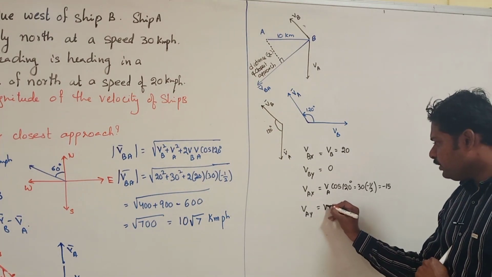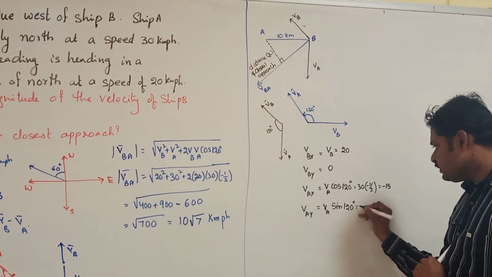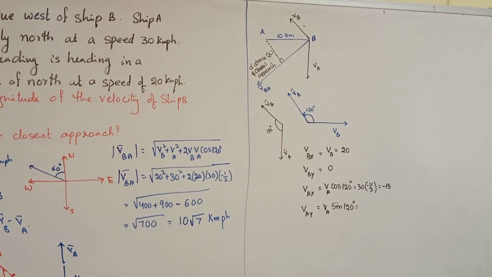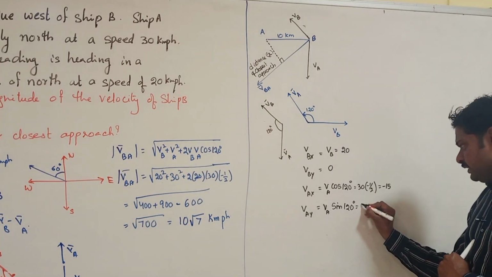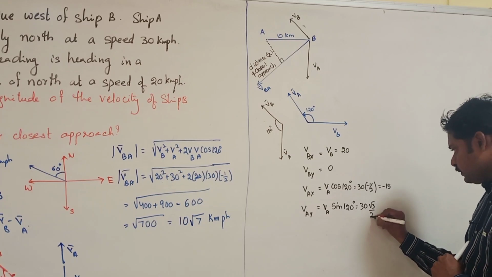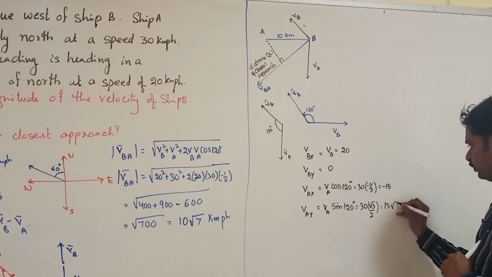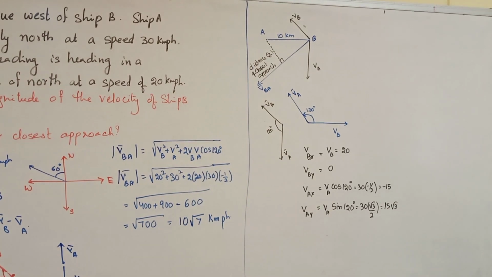VAY is VA sin 120 degrees, which is sin(90 plus 30), cos 30. You know very well cos 30 is root 3 by 2, so it is 15 root 3.